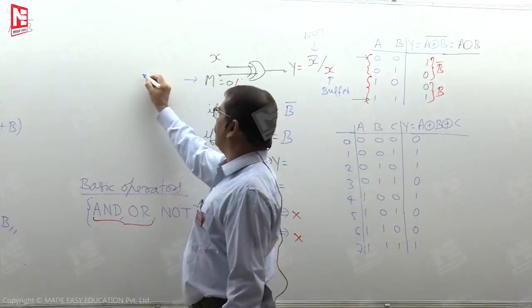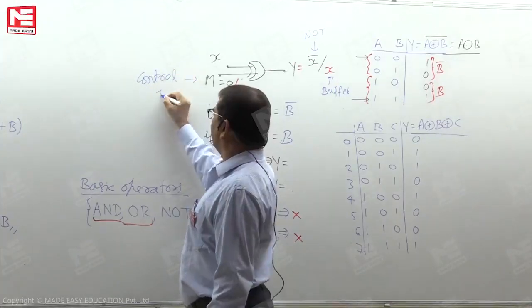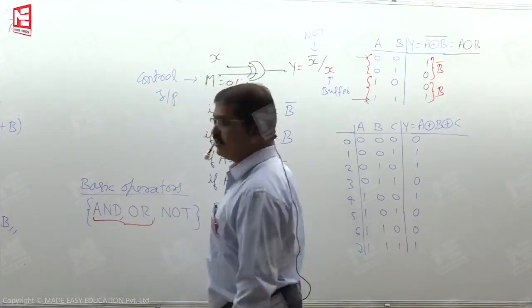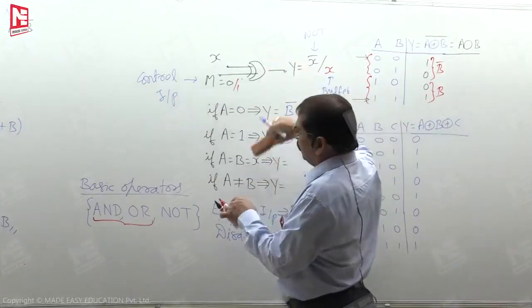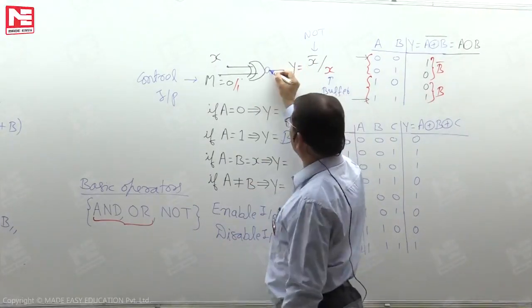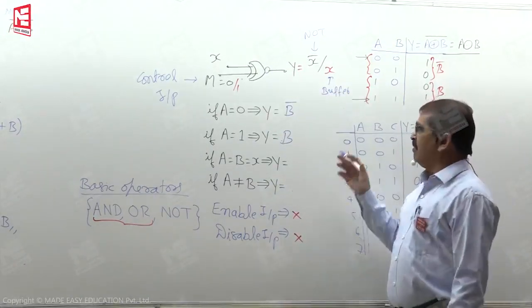Hence, M is the input which is controlling the operation. So we are speaking of M as the control input which is dictating the operation, either an inverter or a buffer.